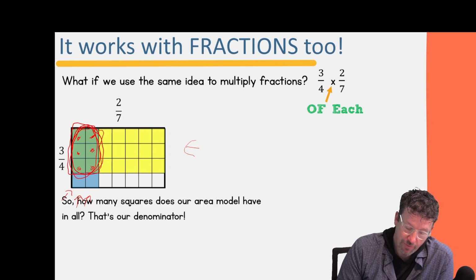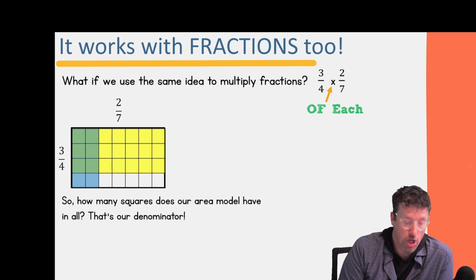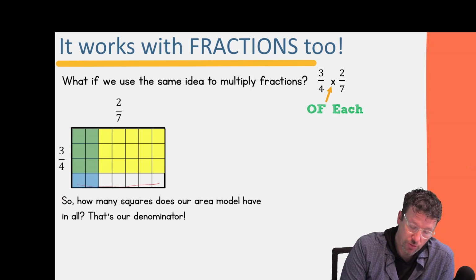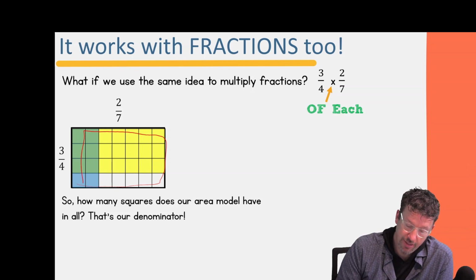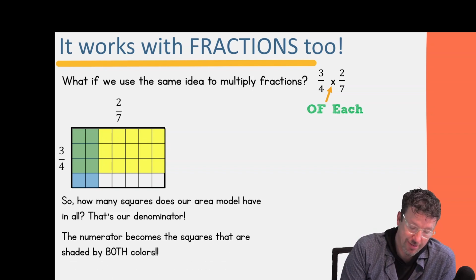So how do we find out what our final answer is? Well, we say how many squares does our area model have in all? That would be the total pieces. So that's the all, and in this case, it's 28, just like that last area model because we have 4 rows of 7, okay? So our denominator is going to be 28. And then our numerator becomes the squares that are shaded in by both colors.